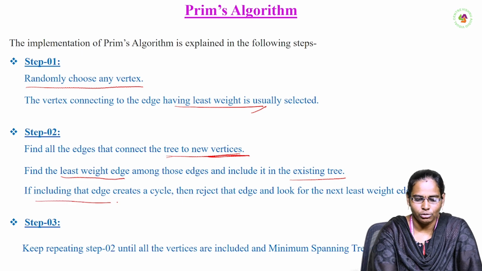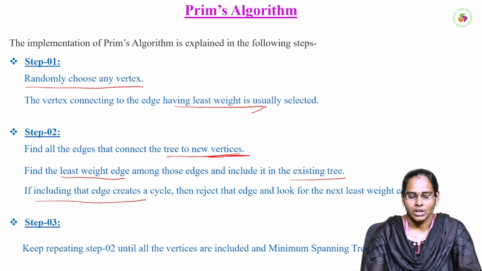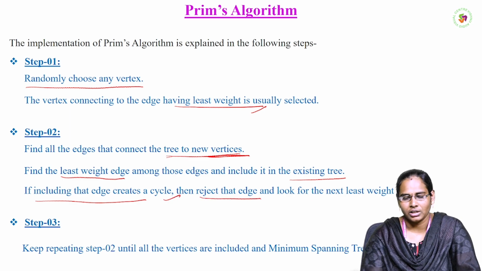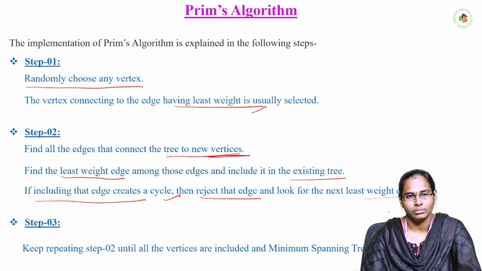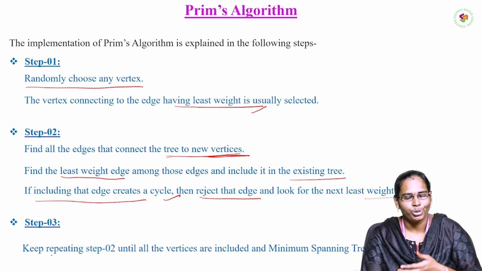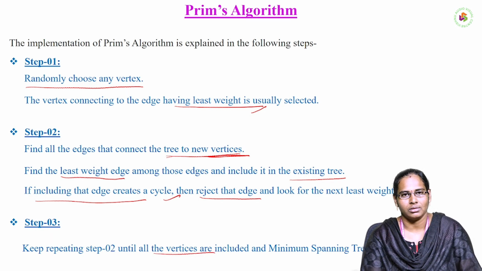Now, if including that edge creates a cycle, like in Kruskal's algorithm, if a cycle forms, then you have to reject that edge and look for the next least weight edge. And third one, you have to repeat step 2 until you reach all the vertices.